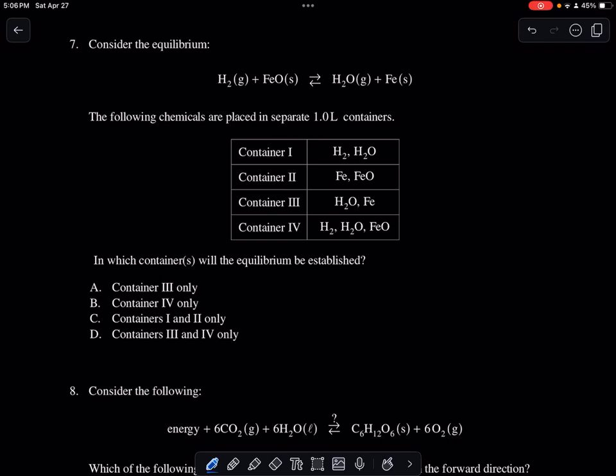In which of the containers will equilibrium be established? So we've placed these in separate 1 liter containers, and we want to find which container we're going to reach equilibrium in. Now, what are the conditions for equilibrium? Well, the rate of forward and the rate of reverse are equal.